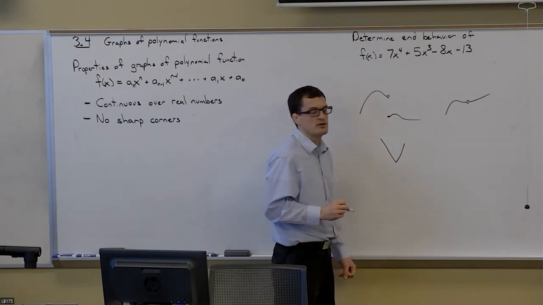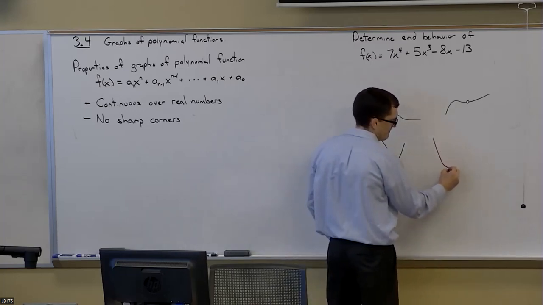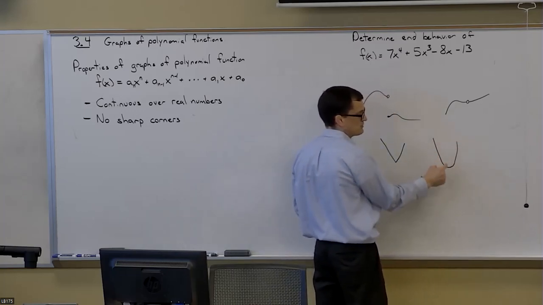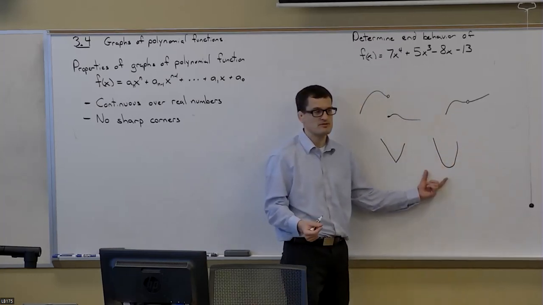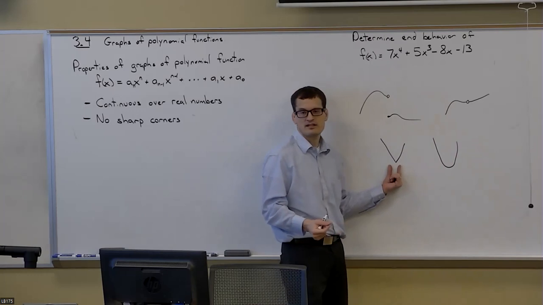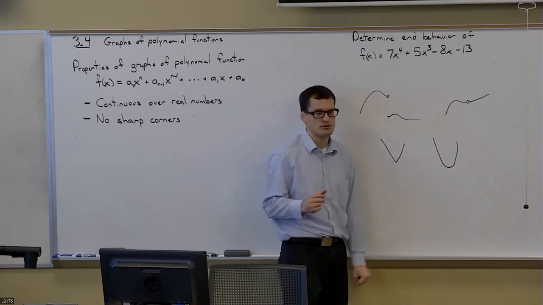Now, a polynomial may have a graph that goes down and turns up fairly quickly, but if you zoom in, it's always going to turn up like a U shape. Everybody follow? Not like a sharp corner. So it's going to have U shapes, no sharp corners.